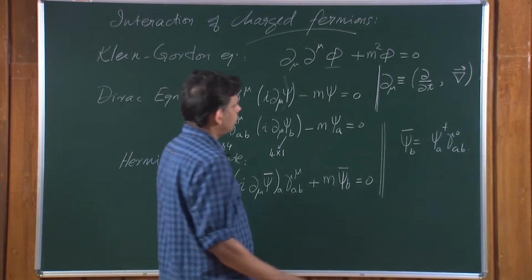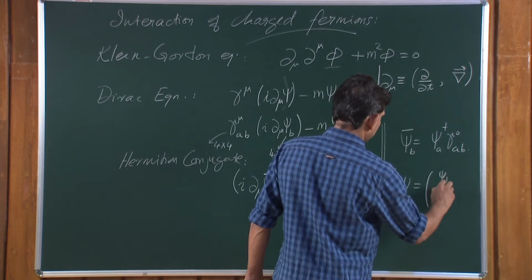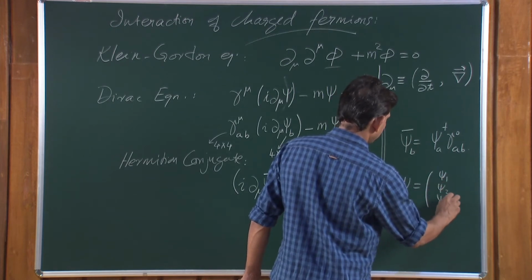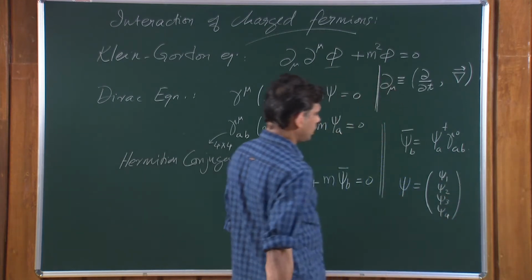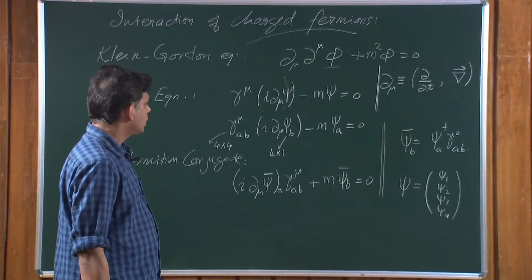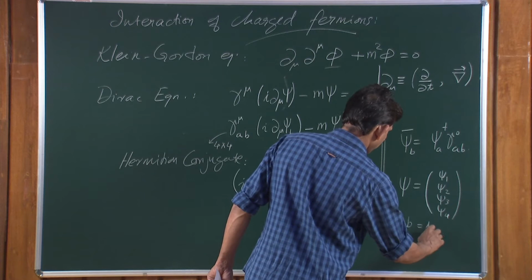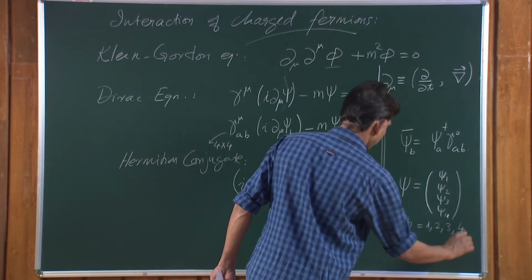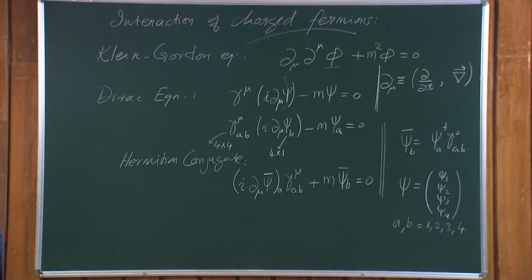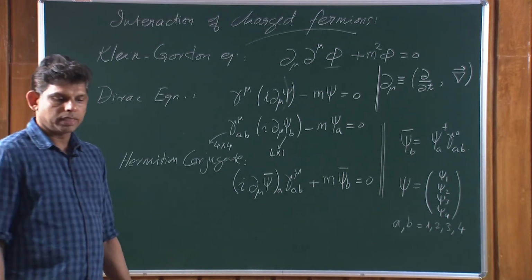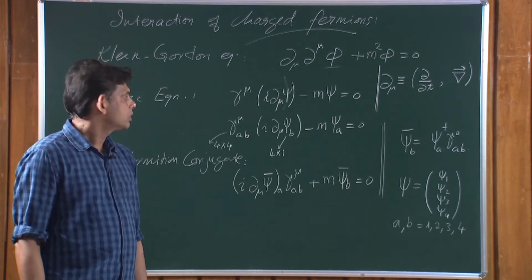Psi itself, as we saw, is a 4 component object: psi 1, psi 2, psi 3, psi 4. This is the summary of things that we have discussed in the relativistic quantum mechanics or relativistic particle dynamics.